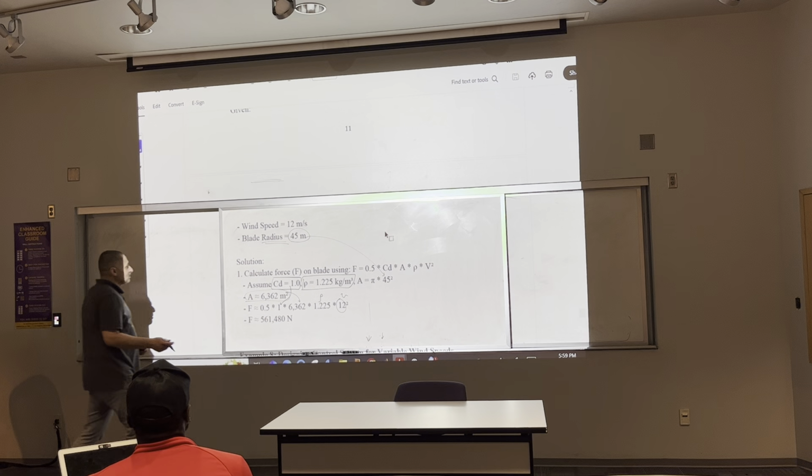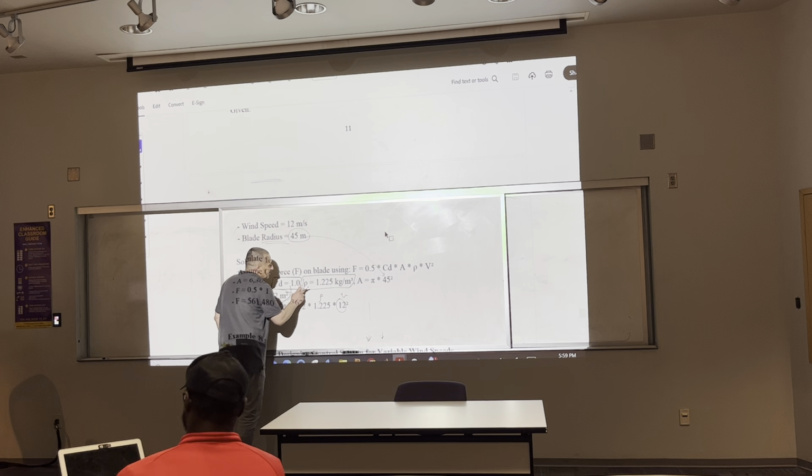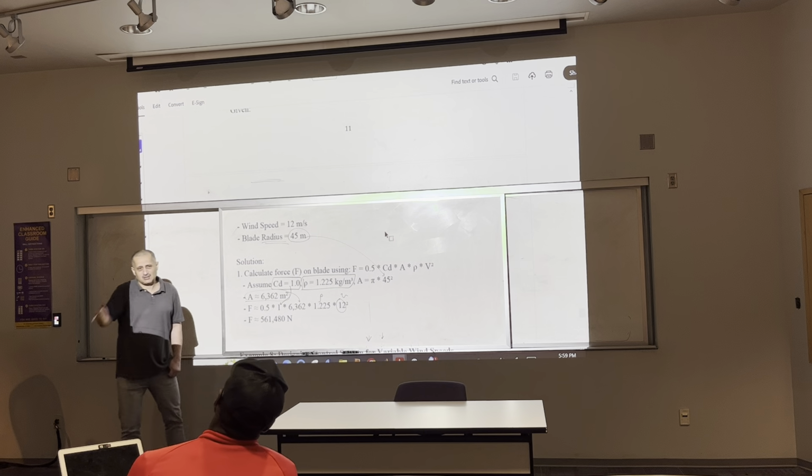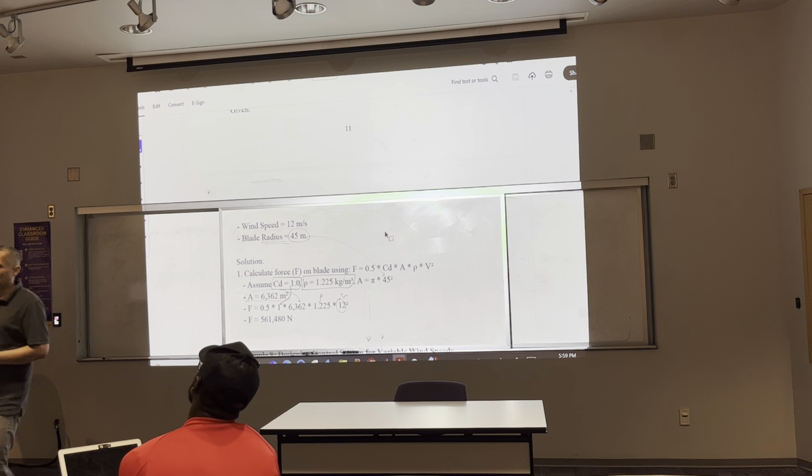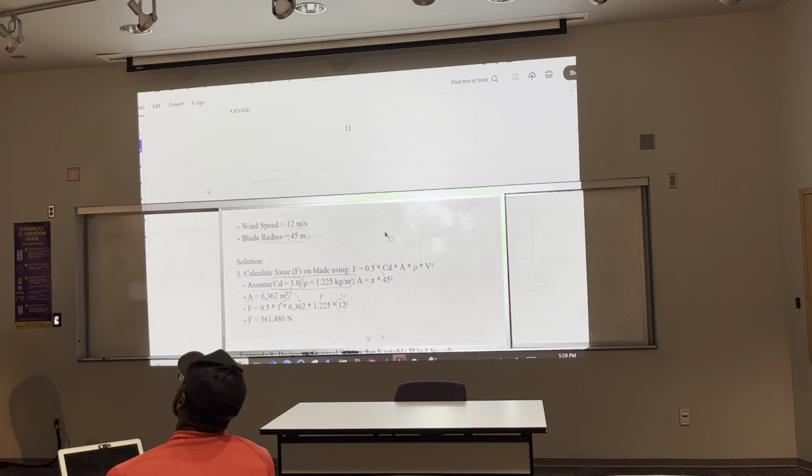We assume C_D is unity, and rho is constant 1.225, or 1.23 is fine. Any question?